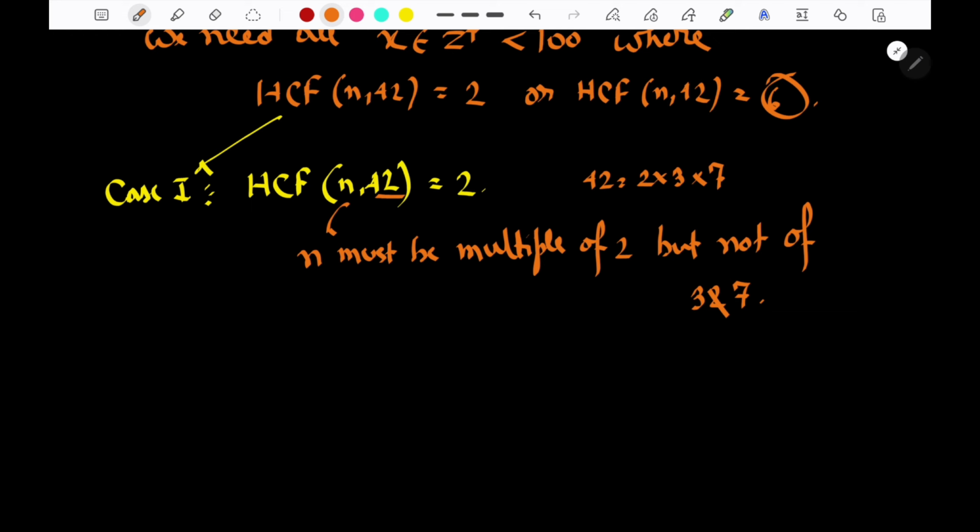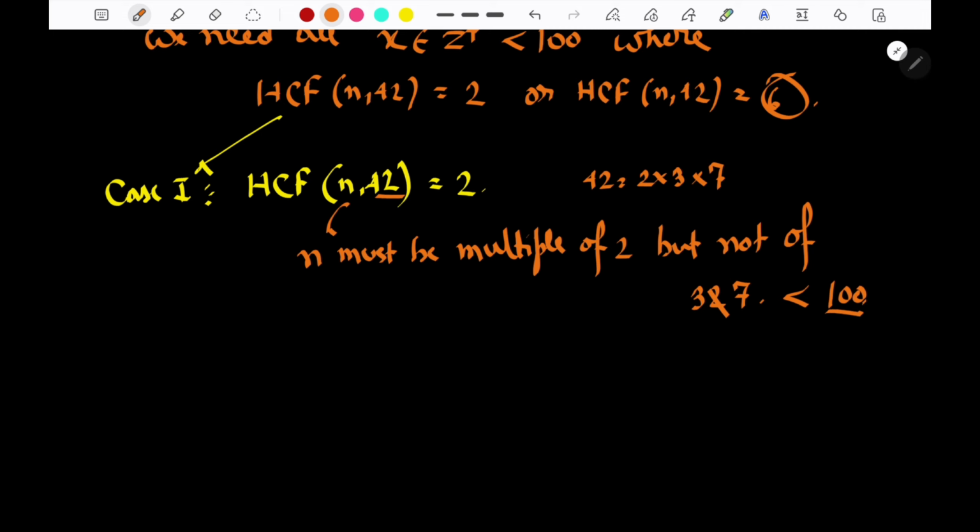Why? If there were to be any factors of 7 or 3 in n, then the HCF would not be 2, it would be greater than 2. Understood? It means we are looking for multiples of 2 that are less than 100 but not multiples of 3 and 7.